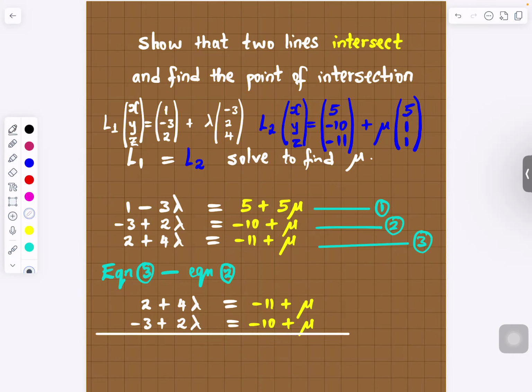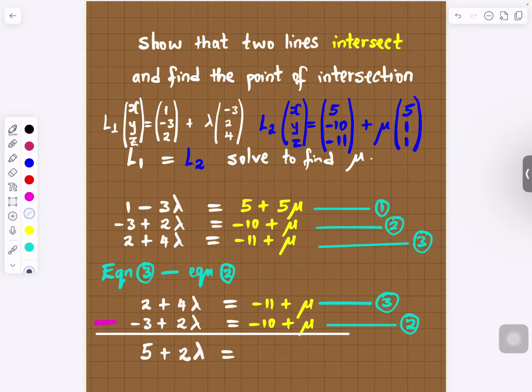Put a line there. So the 3 is at the top, the 2 is at the bottom. I'll put a minus at the end here in the pink. So that means 2 minus minus 3 gives me 5. 4 minus 2 lambda gives me 2 lambda.